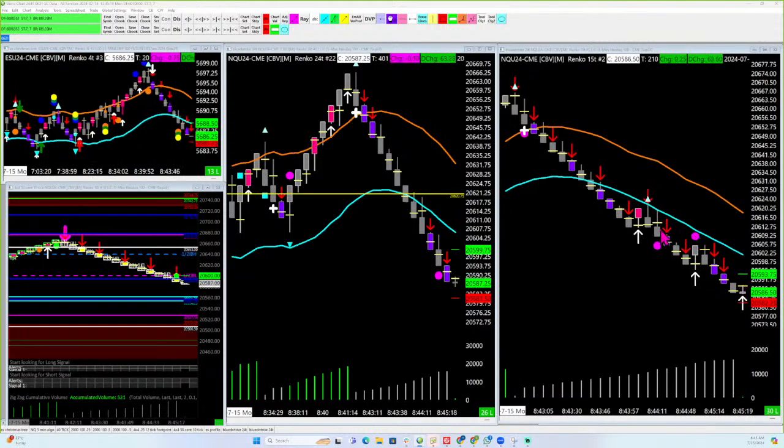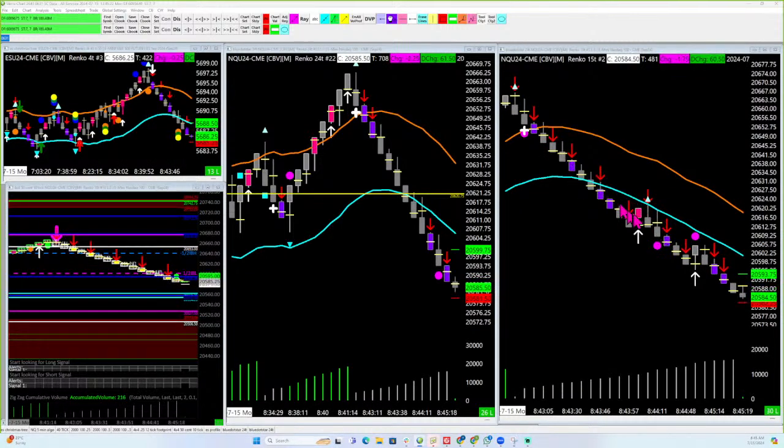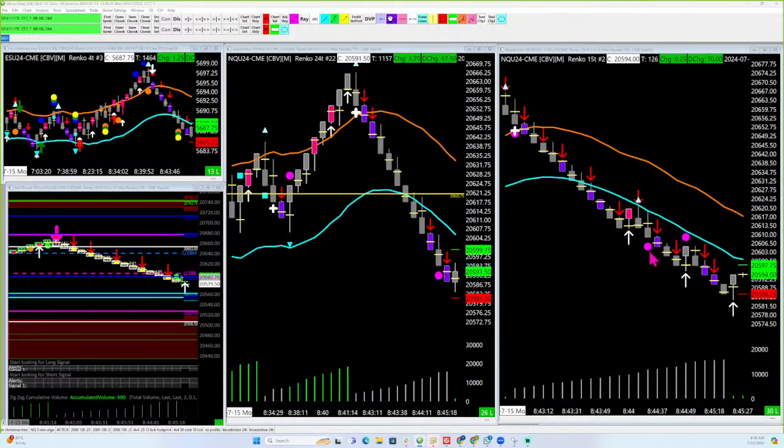And again, when we're ripping down like this, no plus sign, not even a consideration for me to start catching this. I don't care what it looks like, what support level it's in or isn't in, etc. I just don't care. I'd rather miss the move, and you will miss moves, than try to catch that free falling, apex traps, all of it.